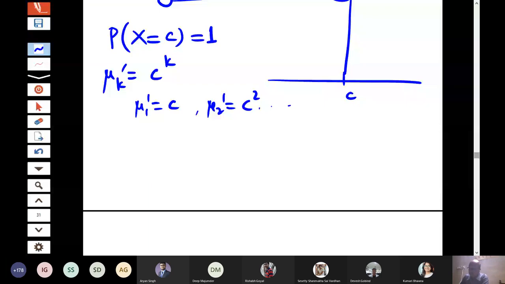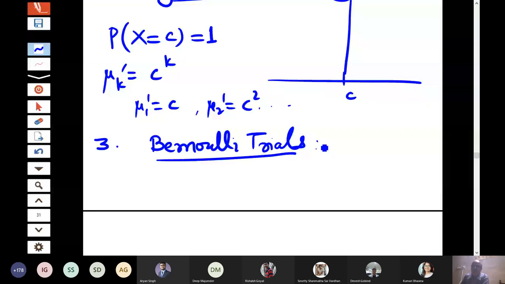The next one is the Bernoulli trial or Bernoullian trials. If a random experiment has two possible outcomes, we can associate the names success and failure to the outcomes. So for example, you are doing this course and your interest may be whether you will get a good grade or not.